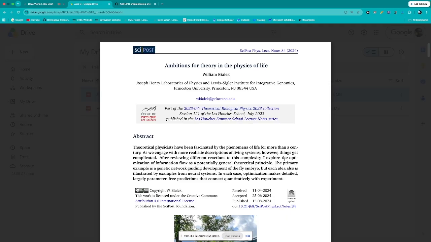So it's really about information and information theory, more than thinking about the embryo as a biological phenomenon, although you have to think about that as the way to generate that information. The primary example is a genetic network guiding development of the fly embryo, which is the work in Drosophila, another model organism that we use often, especially for this positional information idea. But each idea is also illustrated by examples from neural systems. In each case, optimization makes detailed, largely parameter-free predictions that connect quantitatively with experiment.